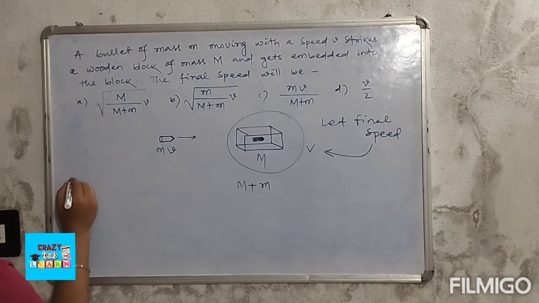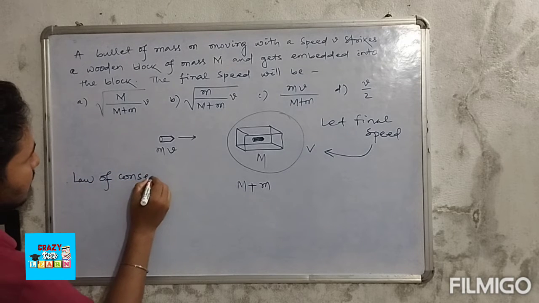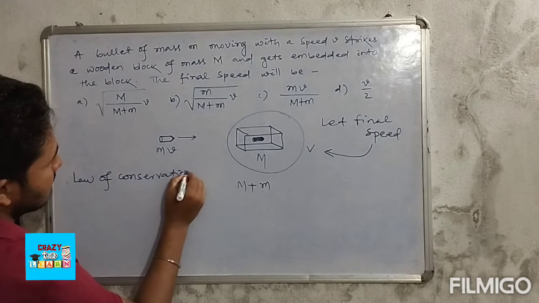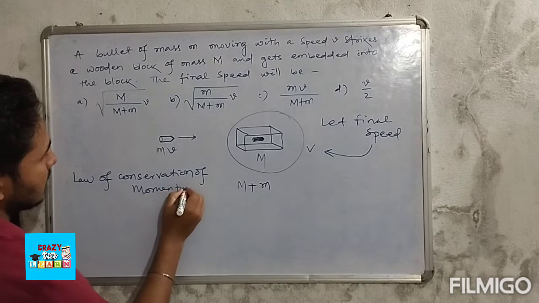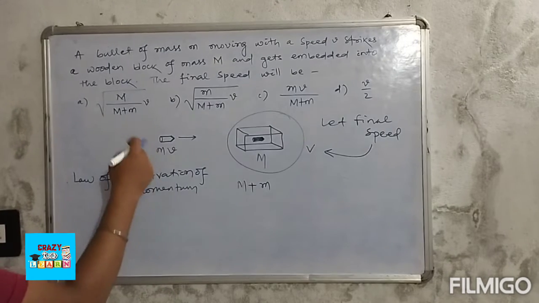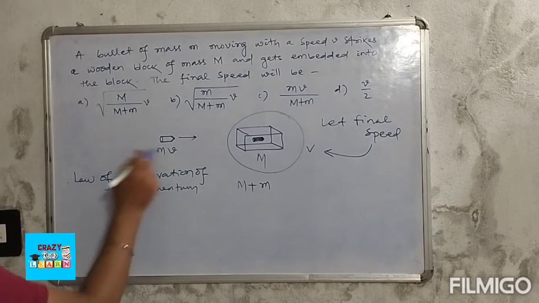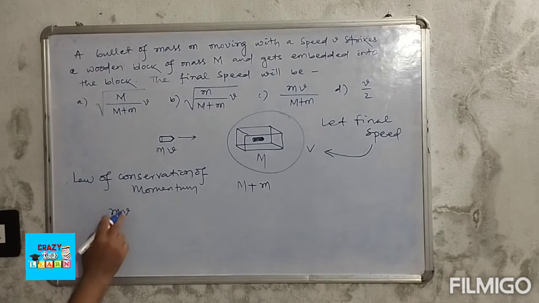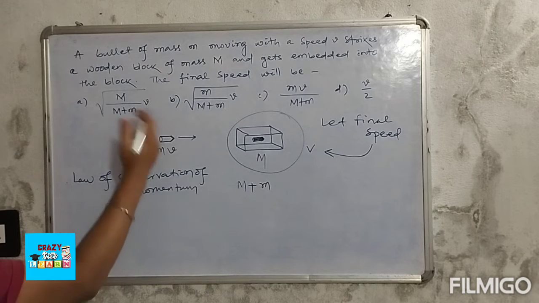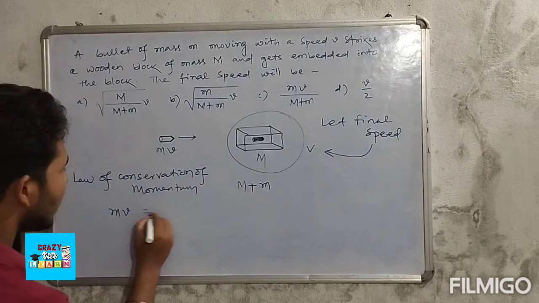So according to the law of conservation of momentum, the momentum before firing and after firing are both the same. So small mv is the momentum of the bullet. Before the firing, the system has momentum small mv. After firing, what is the momentum?